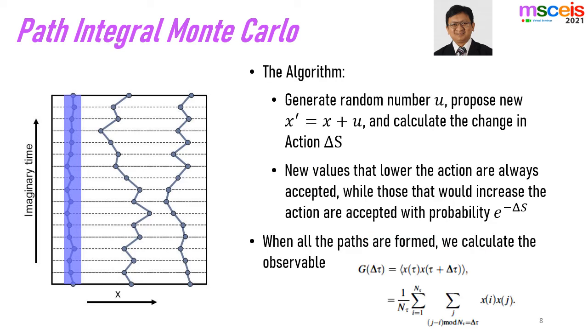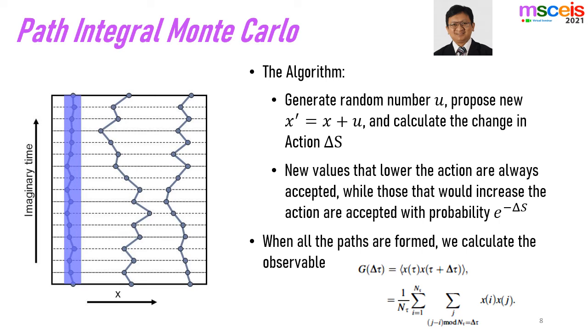Okay, and then the algorithm of this numerical method is, first of all, we generate a random number u, and then we propose a new value to change x to become x plus u, and then we will calculate the change in action delta S. If the new value lowers the action, then we will accept this new value, because that means it has a higher weight in the probability.